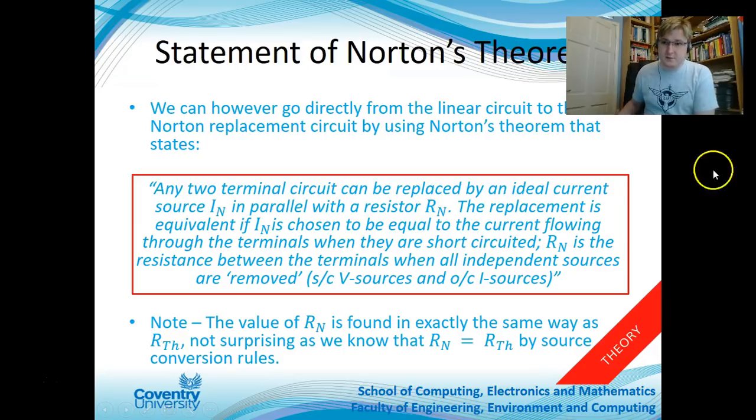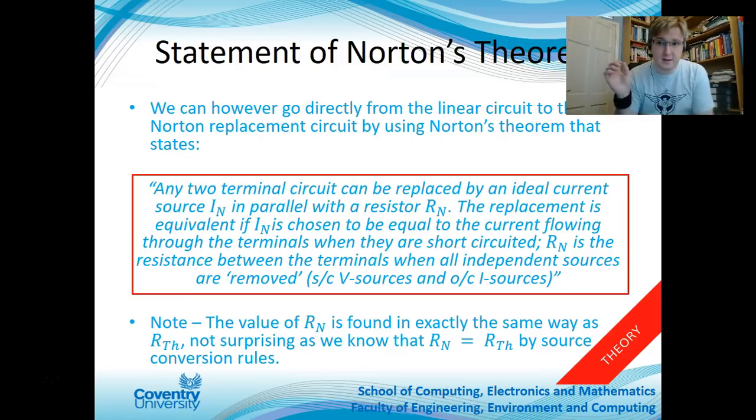Okay, so Norton's theorem states that any 2-terminal circuit can be replaced by an ideal current source IN in parallel with a resistor RN, and that replacement is equivalent if IN is chosen to be equal to the current flowing through the terminals when it's short-circuited, and R Norton is the resistance between the terminals when all independent sources are removed.